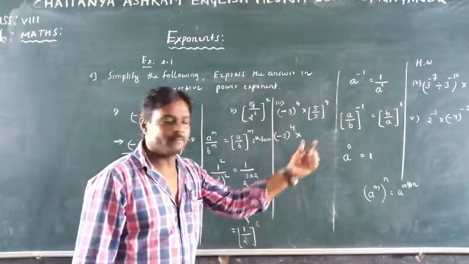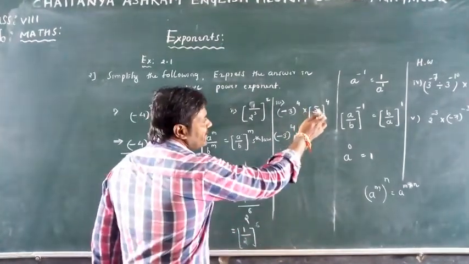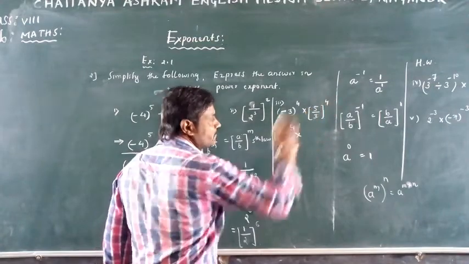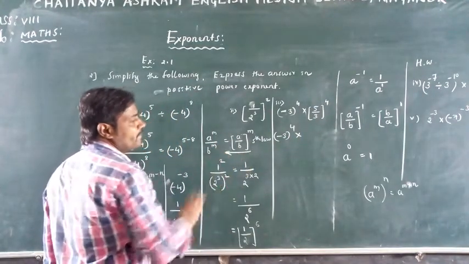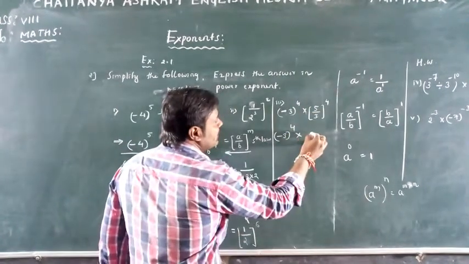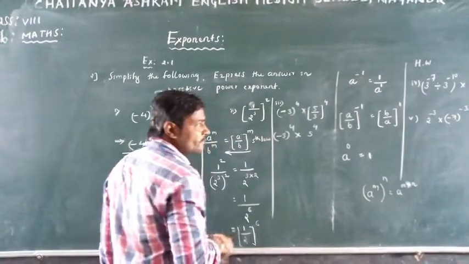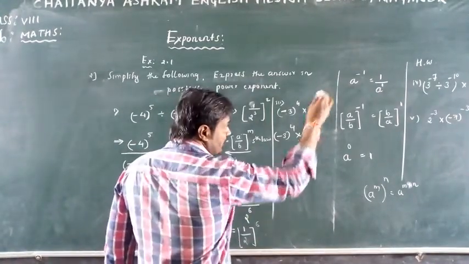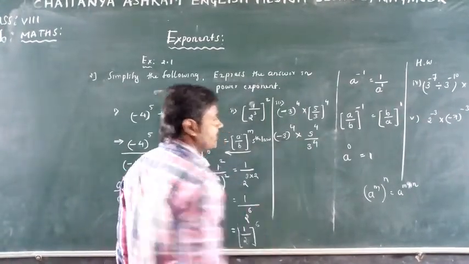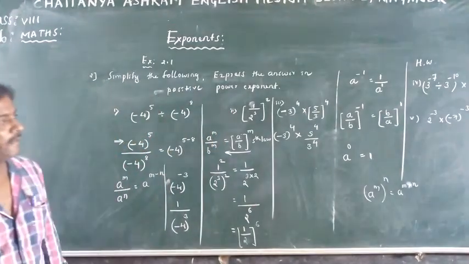So we do the same. So 5 by 3 raised to the power 4, by fifth law, we can write 5 raised to the power 4 divided by 3 raised to the power 4. Yes or no? Okay.